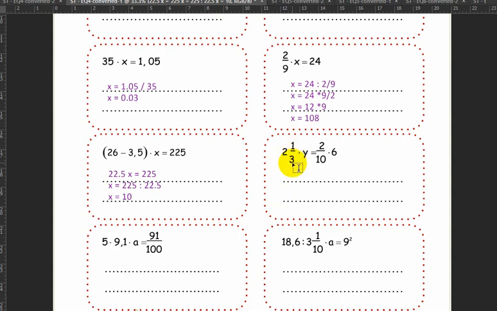Next, here we have 2 and 1/3 times y equals 2/10 times 6.